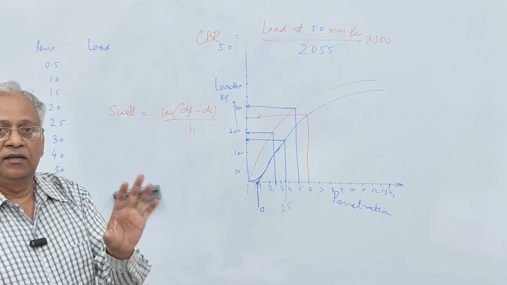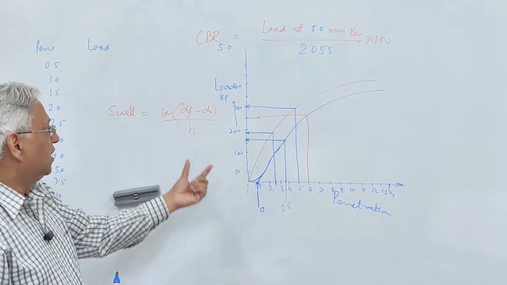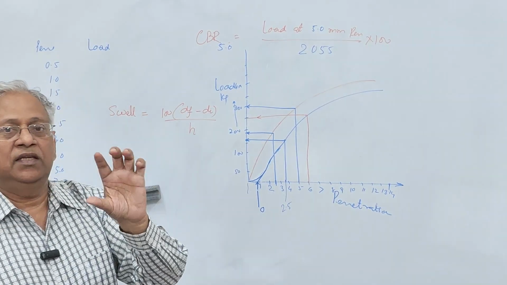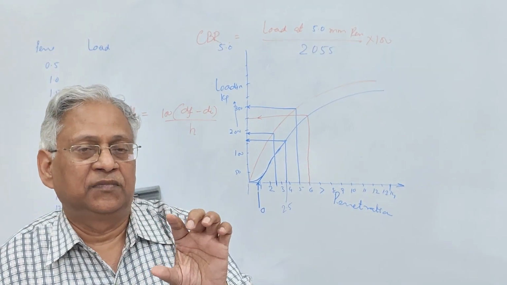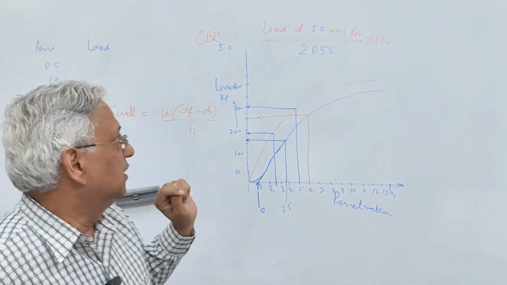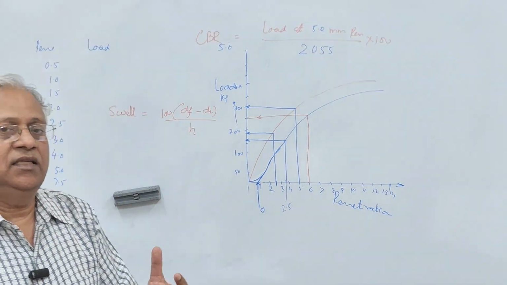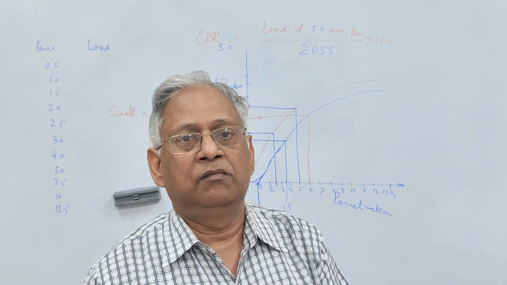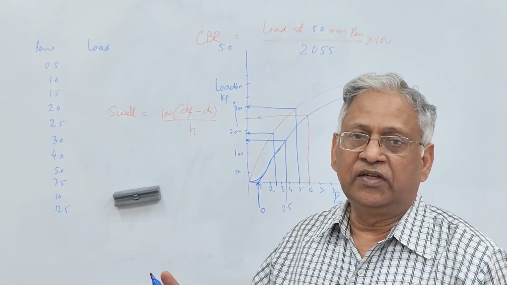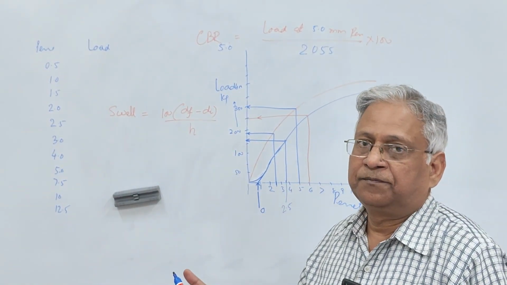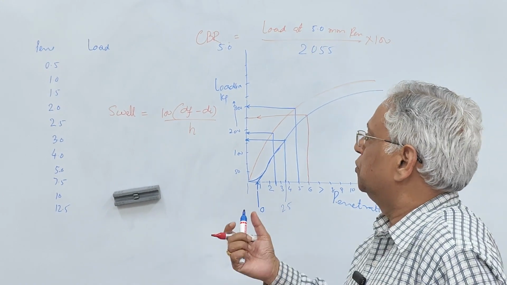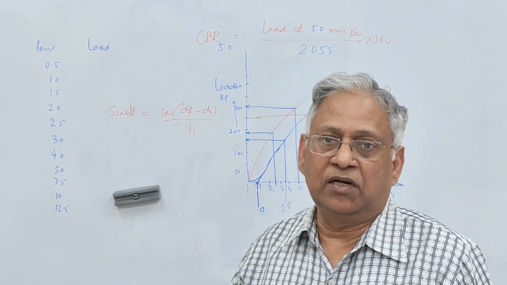H is the thickness of the specimen, that is 127.3 millimeter. That is your swell index. That basically indicates the swelling property of the soil. It will be high in case of clay, very low in case of sandy soils. So that is how we do the CBR test in the laboratory.